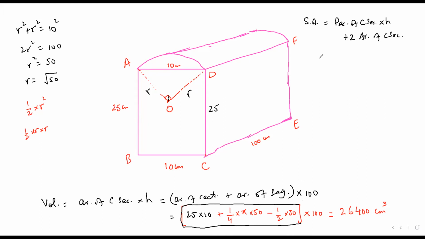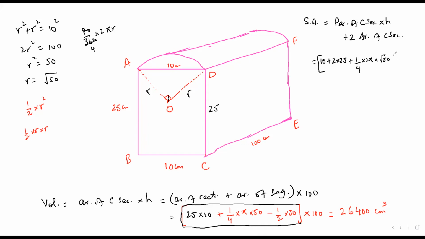So this is going to be 10 plus, there is 2 times you have 25, and then plus quarter of, this is 90 over 360 into 2 pi r. That is going to be quarter of 2 pi r. So this is quarter of 2 pi. And now I'll have to use the square root of 50, quarter of 2 pi r.